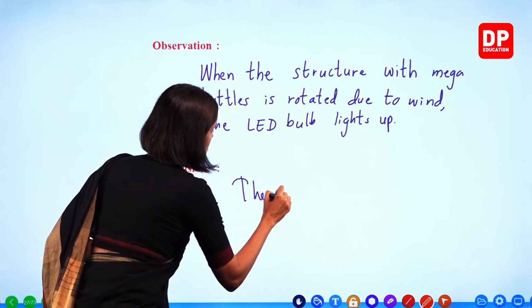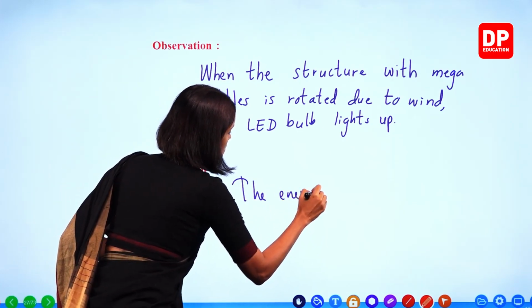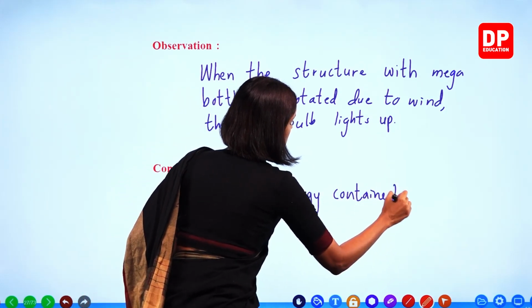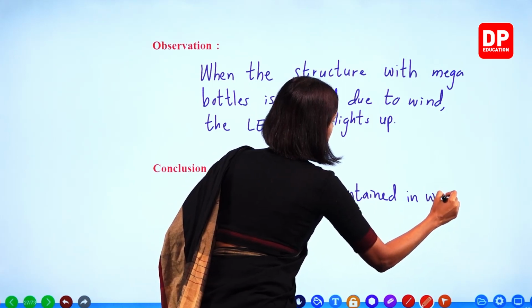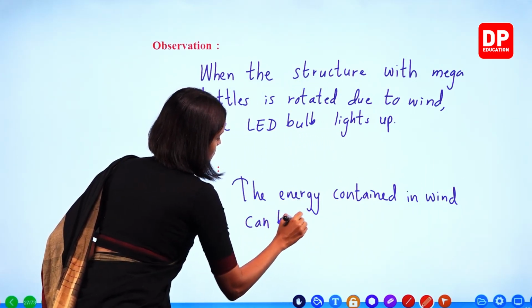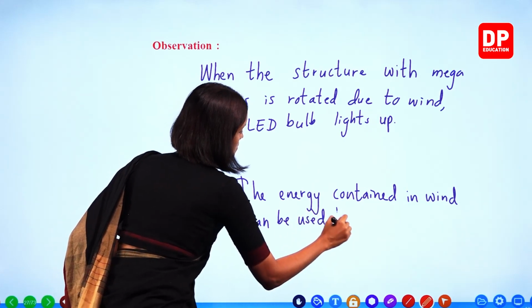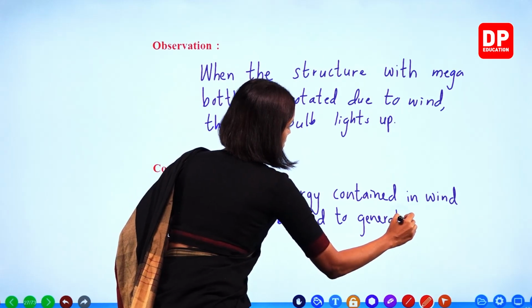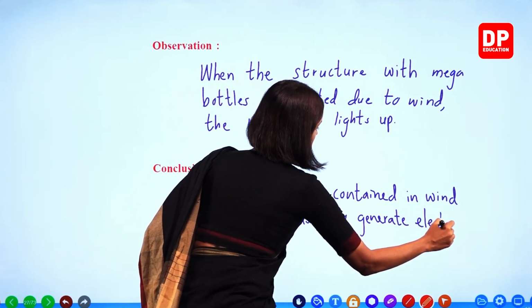The energy contained in wind can be used to generate electricity.